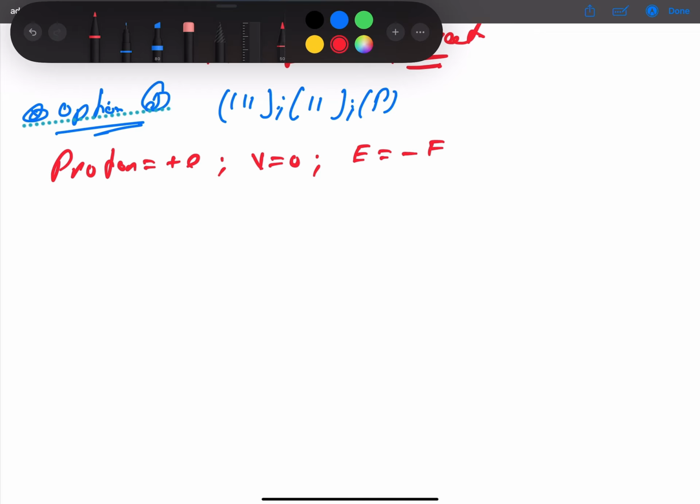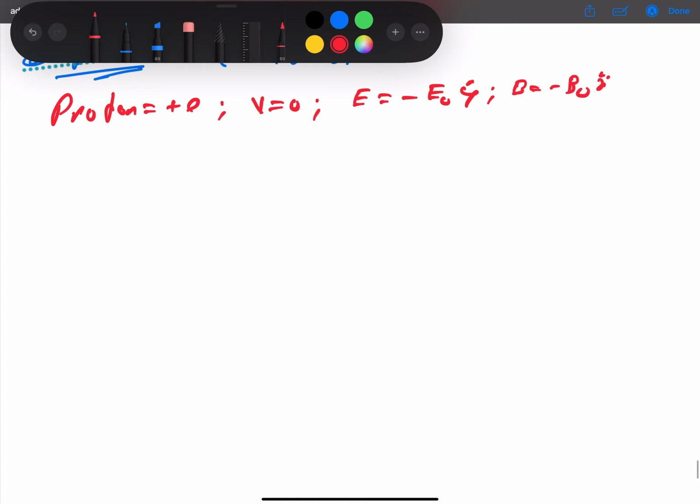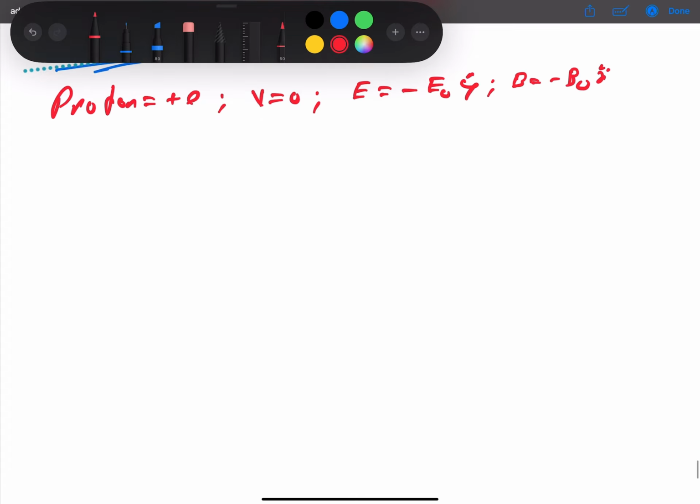Electric field is minus E naught y unit vector, and our magnetic field is minus B naught x unit vector. So the electric force will be equal to E times minus E naught y unit vector, and initially the magnetic force will be equal to 0.